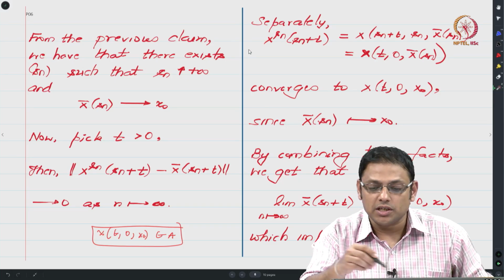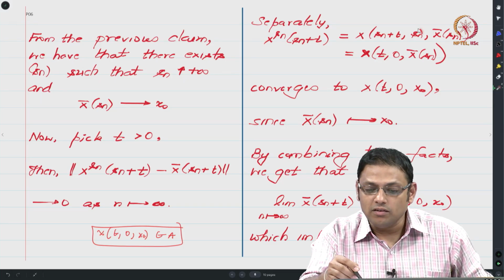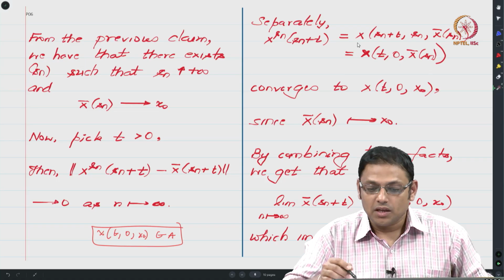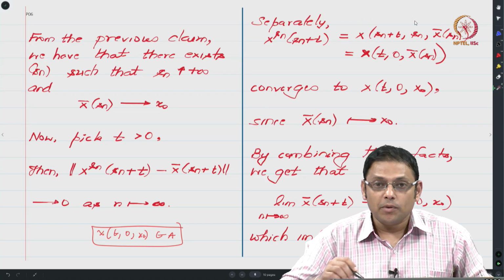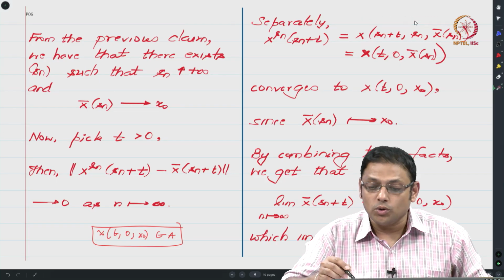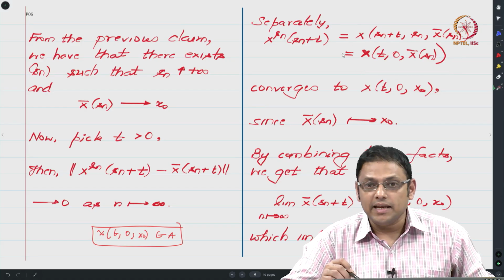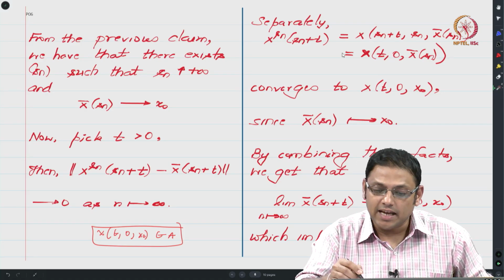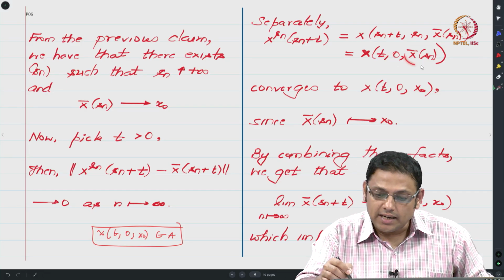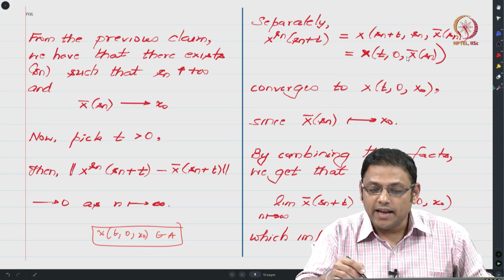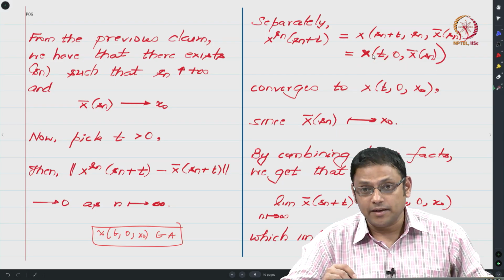So, this solution trajectory is basically the one which at time Sn passes through x bar of Sn, and we are interested in looking at its value at Sn plus t, right. So, this expression, because of the autonomous nature of the ODE, can be equivalently expressed as following, that is, at time 0 you start at x bar Sn, and you are interested in looking at the value of the solution trajectory at time t.